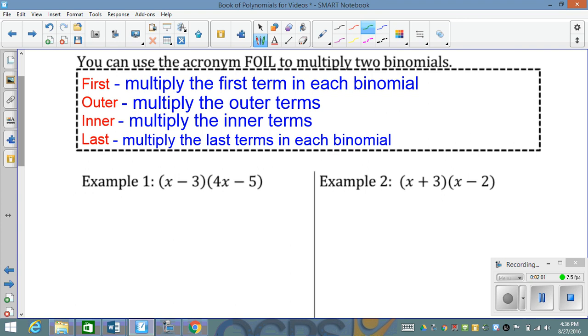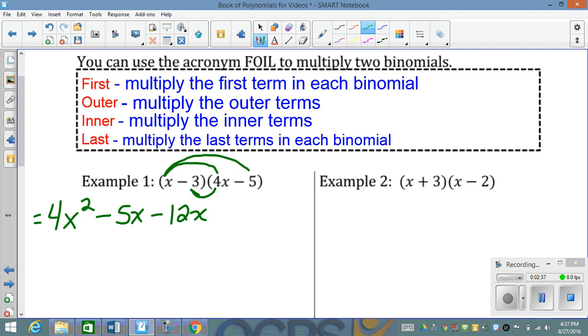Ready? So first terms means the first term in each binomial. So in example 1, that would be x and 4x. So x times 4x is 4x squared. Okay. The outer terms would be the ones on the outside. So in this case, it would be the x and the -5, so -5x. Then the inner, it's the ones on the inside. -3 times 4x is -12x.